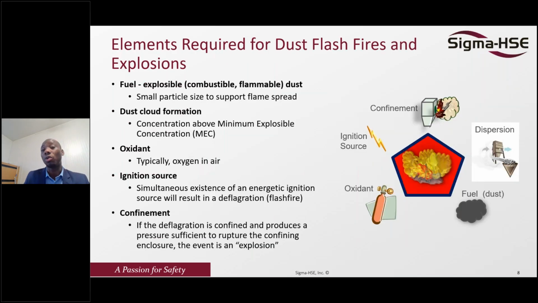What about combustible dust? So we have handled the flammable solvents and gases. When it comes to combustible dust, the three main elements still hold. We need to have the fuel, we need to have an ignition source, we need to have oxygen. However, having the fuel, the oxygen and the ignition source alone, we are not going to get a combustible dust explosion.